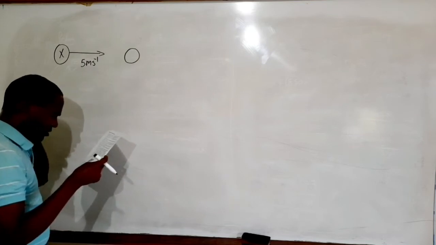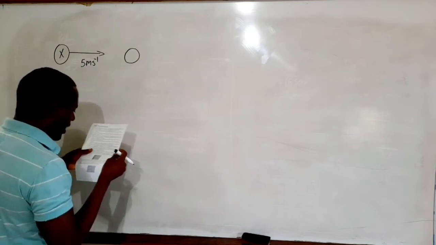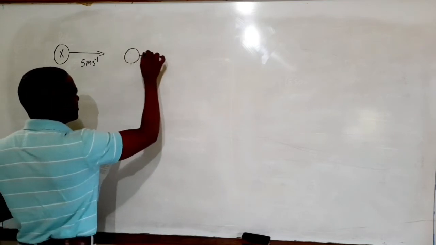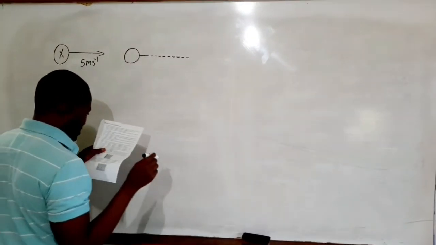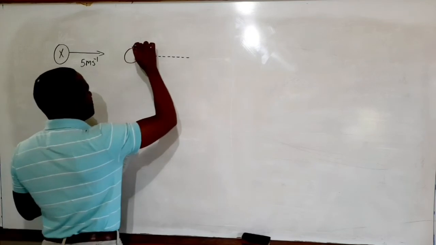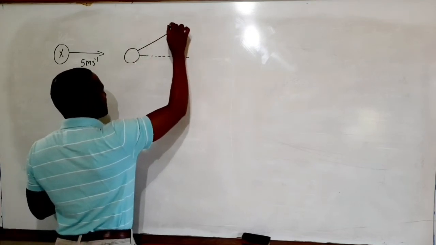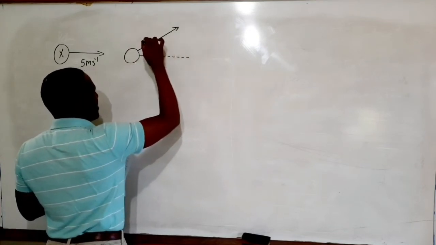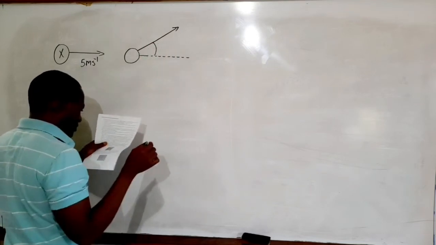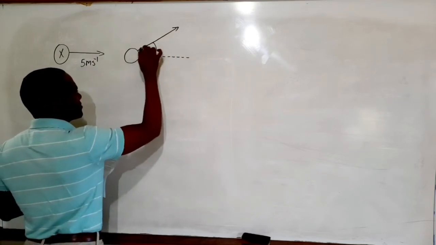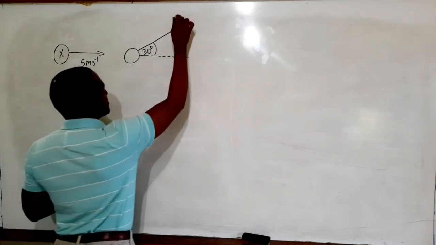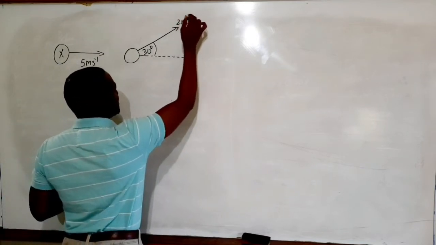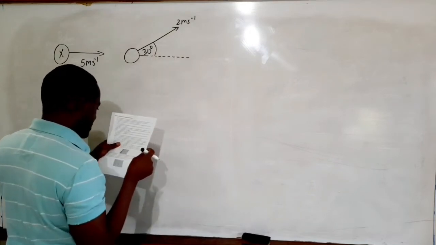And after the collision, ball Y, so this is the initial direction of X. After the collision, ball Y moves off at an angle of 30 degrees to the initial direction of X with a velocity of 2 meters per second, right?